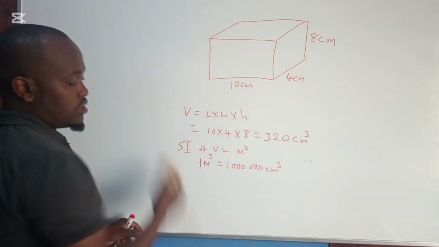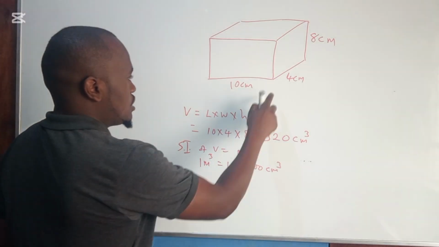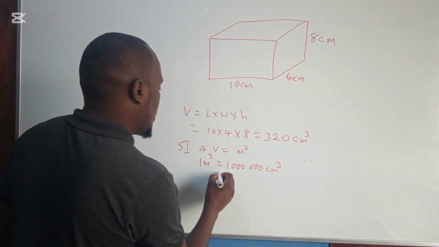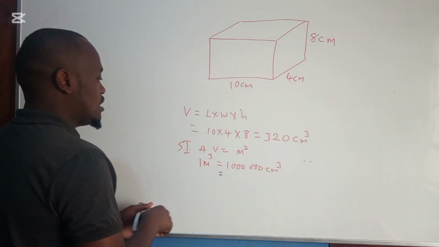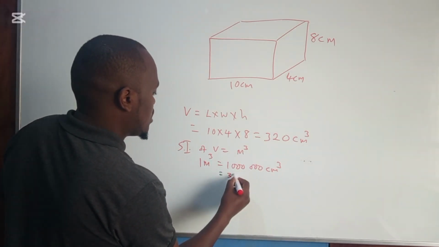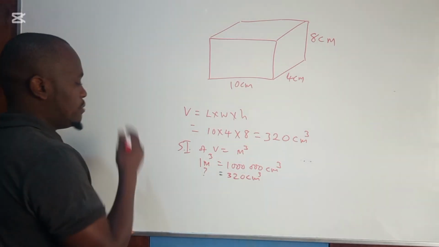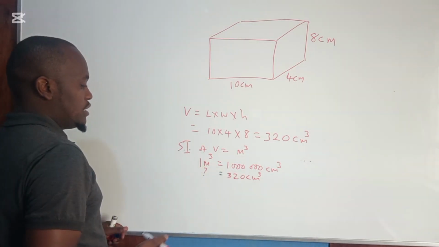Back to our question. If 1 meter cubic is this, what about 320? You write towards the side that has the centimeter cubic. You ask what will happen here. So you cross multiply.